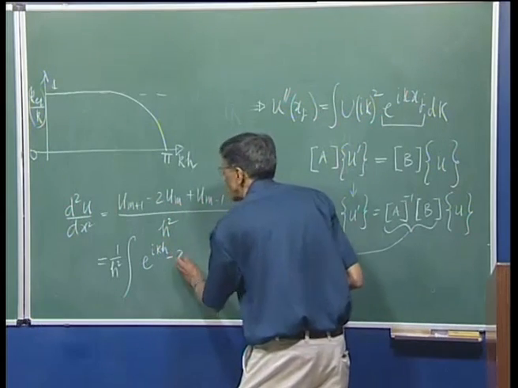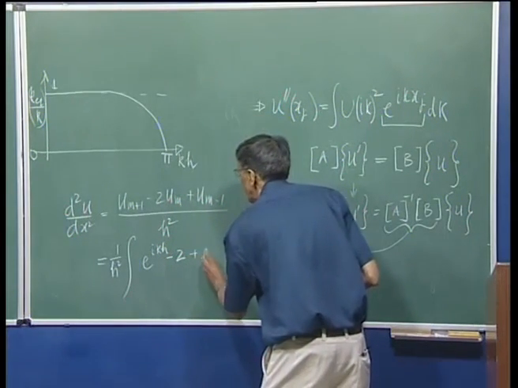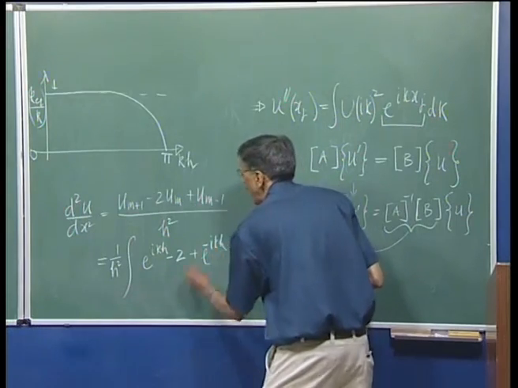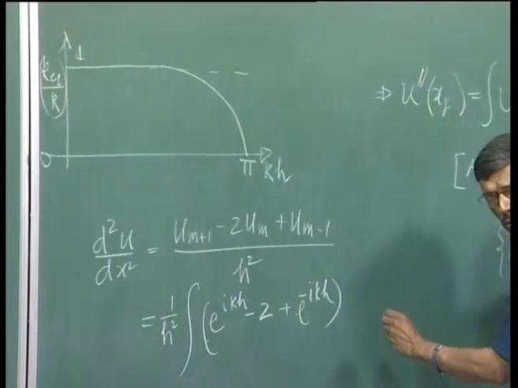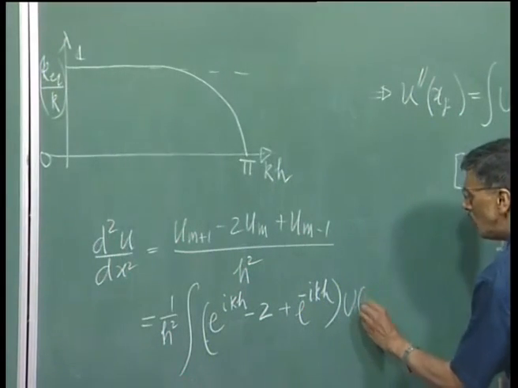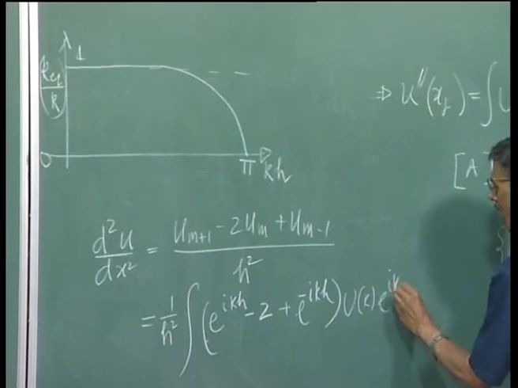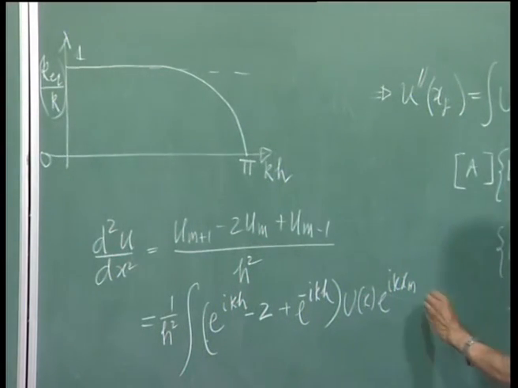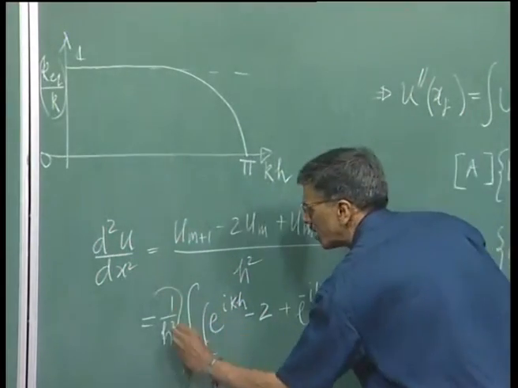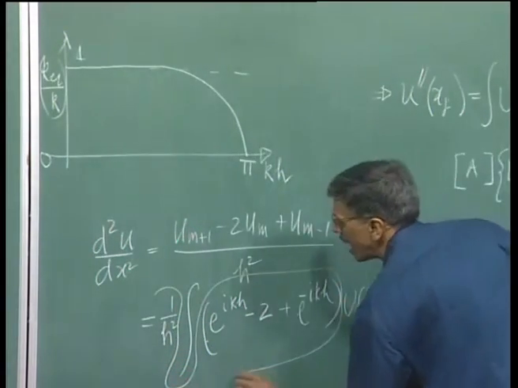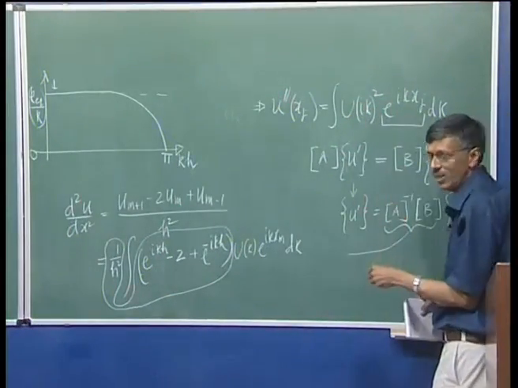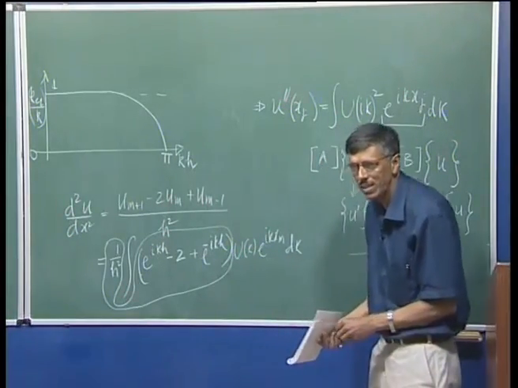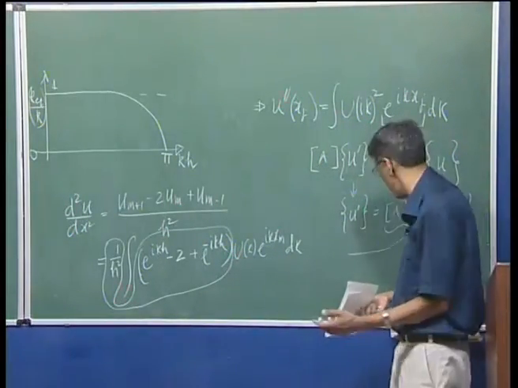Here I will get minus 2. Here I will get e to the power minus I k h. And this thing is multiplied by u of m. U of m is nothing but u of k e to the power I k x m dk. So, what you are getting here, this whole thing taken together, plays the same role as what we have here. So, this is also what I could call my k equivalent for the second derivative.